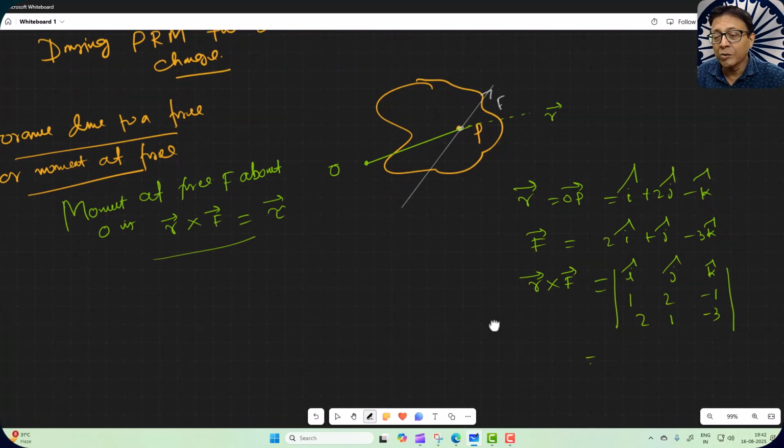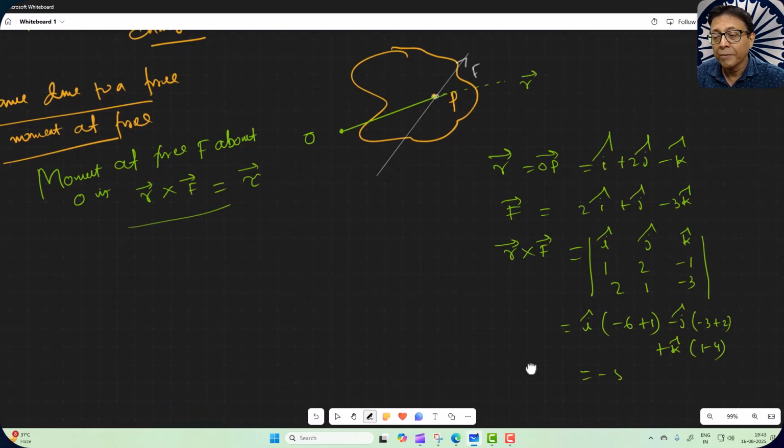So this is going to be i multiplied by minus 6 plus 1, minus j into minus 3 plus 2, by determinant. You know how to solve it, cross product, vectors you have done. So this is going to be minus 5i plus j minus 3k. I wanted to show you just to prove that this is also a vector quantity.